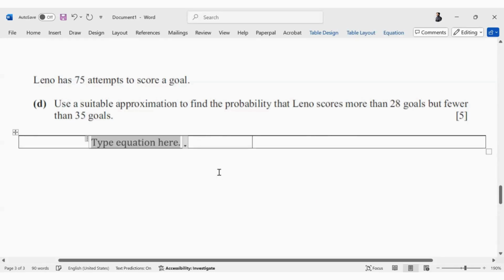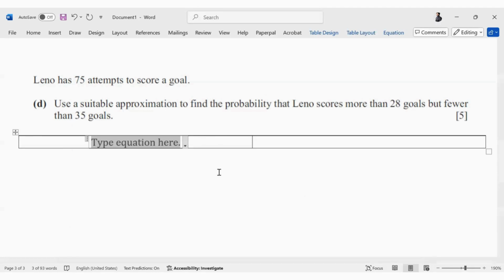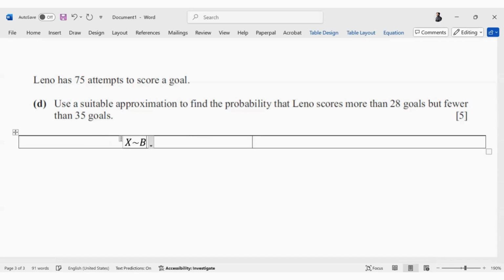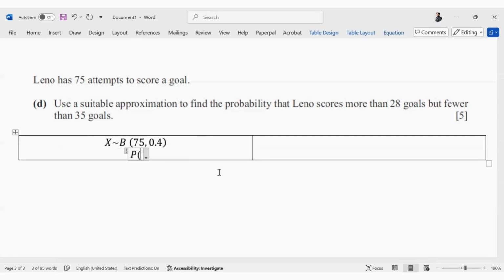So Leno has 75 attempts to score a goal. Use a suitable approximation to find the probability that Leno scores more than 28 goals but fewer than 35 goals. So he has 75 attempts. Now it is binomially distributed with 75 attempts, the probability of success being 0.4. The question is asking more than 28 goals and less than 35.